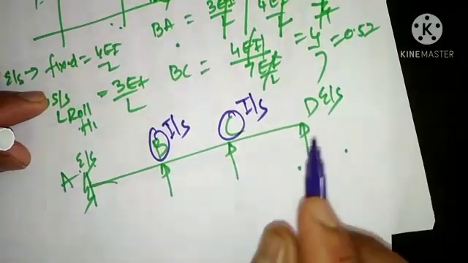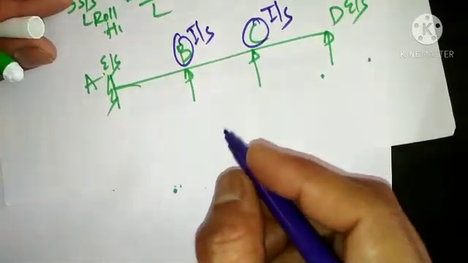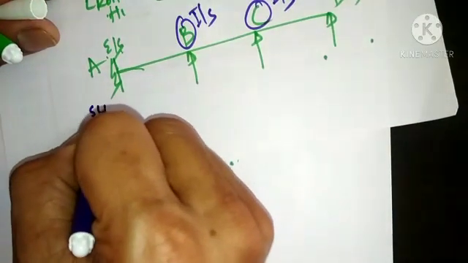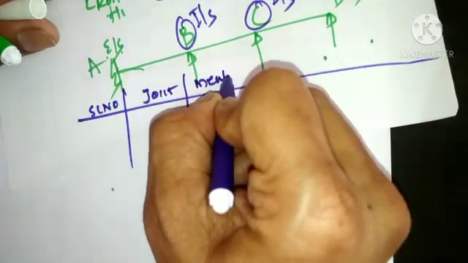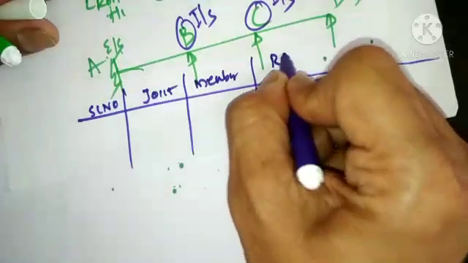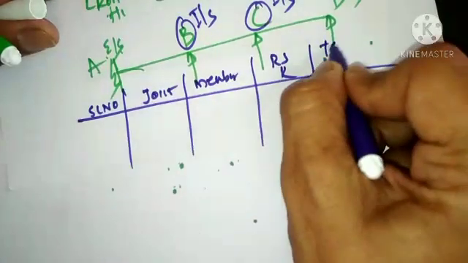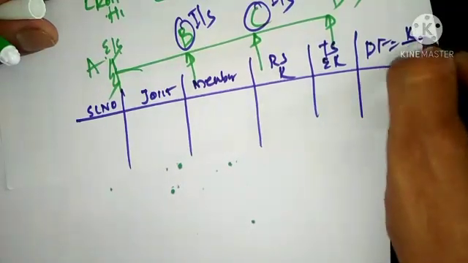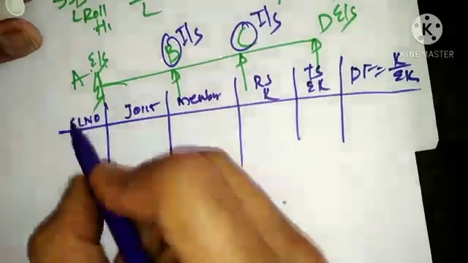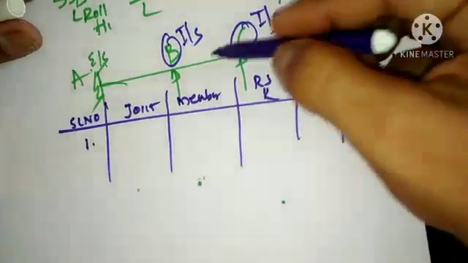So if you note down the table here: serial number, joint, member, relative stiffness K, total stiffness summation K, and distribution factor, which is K divided by summation K. How many serial numbers do we need?